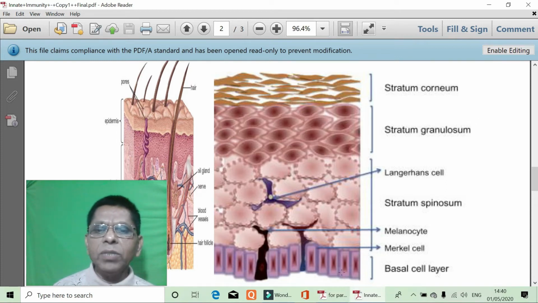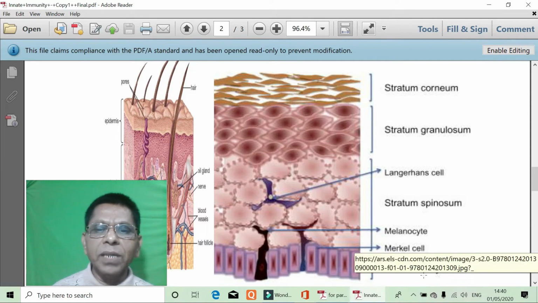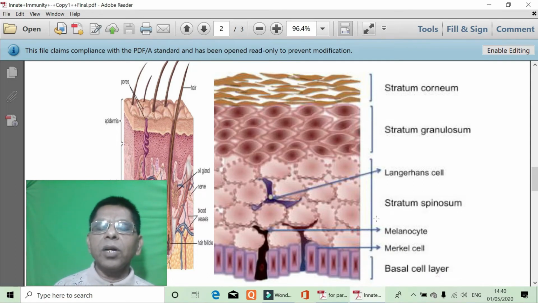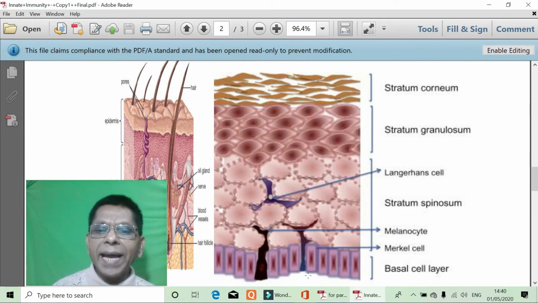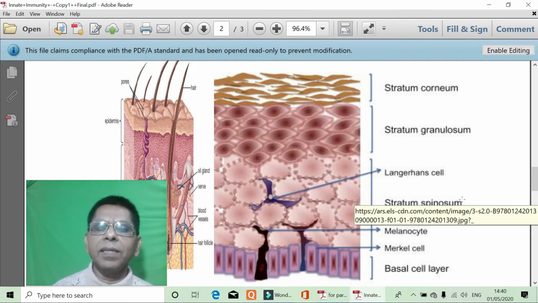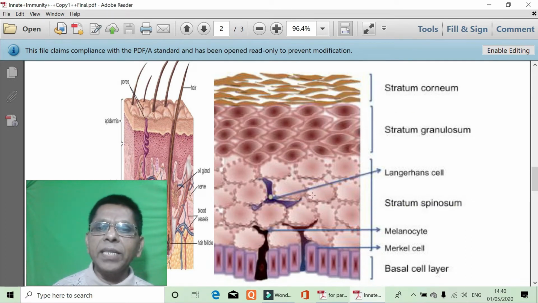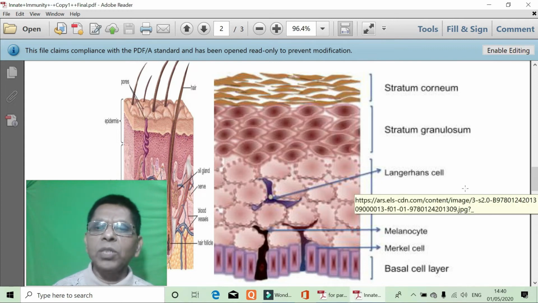As the new cells are produced by the basal cell layer or the stratum germinativum, they are continuously pushed to the surface, and when they migrate from bottom to the surface, certain changes take place, not only in their shape but their composition also.